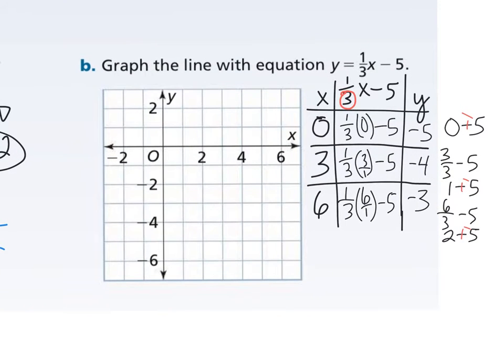Starting out, we've got 0, negative 5. And then we've got 3, negative 4. And 6, negative 3. Anytime you're doing these graphs and your points are not on the graph that they've given you, you can use graph paper to figure that out.